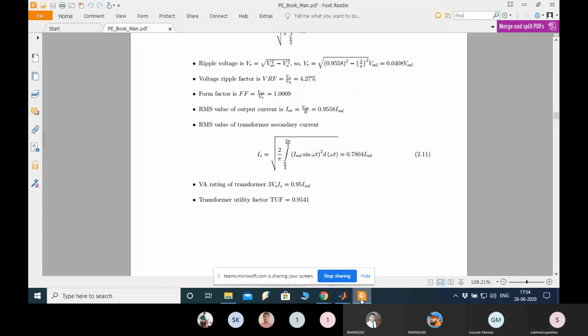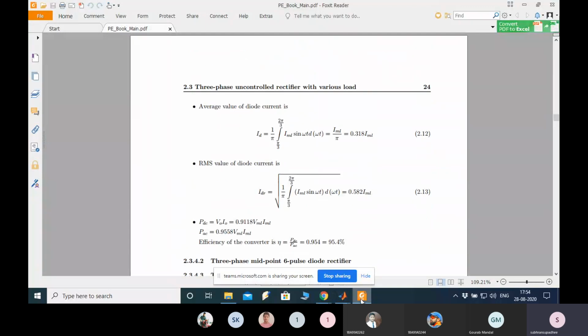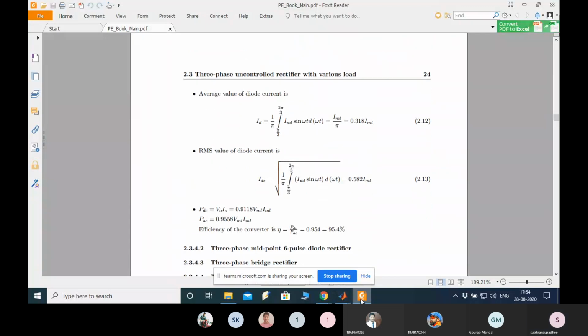It was around 0.81, now it is 0.95. And the efficiency over here is 95%, which is much better, right?